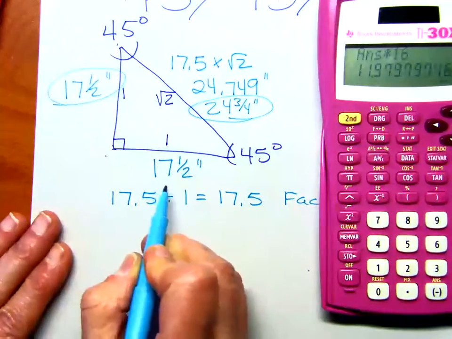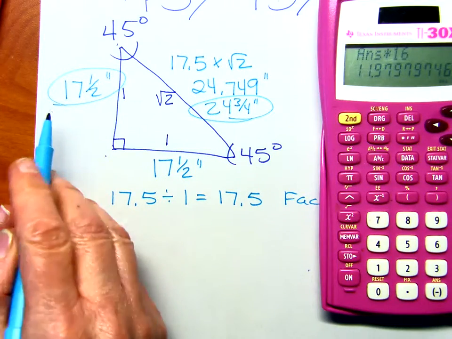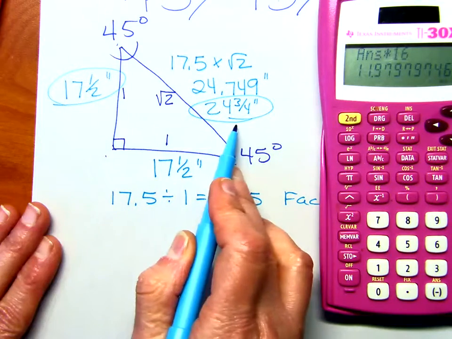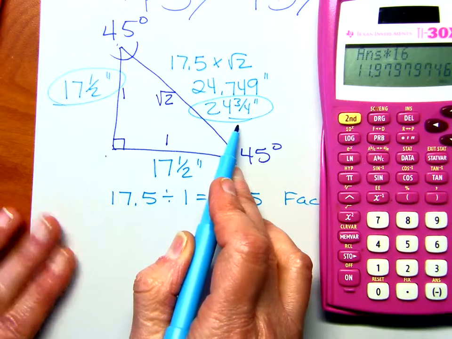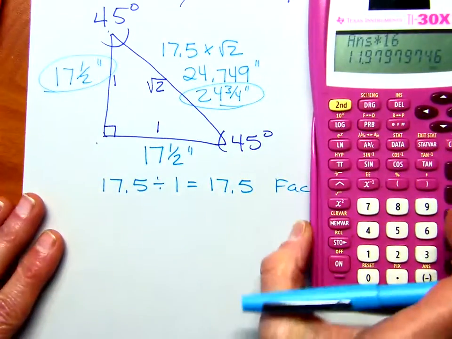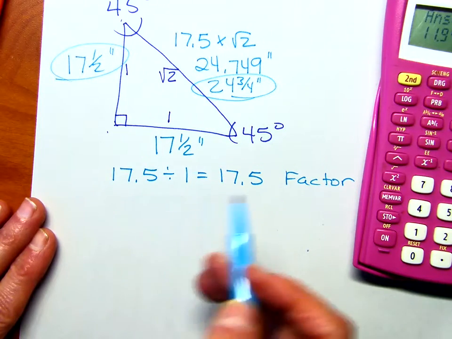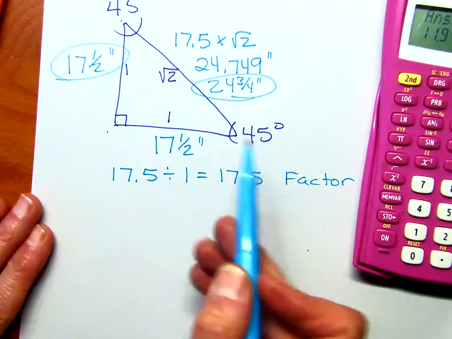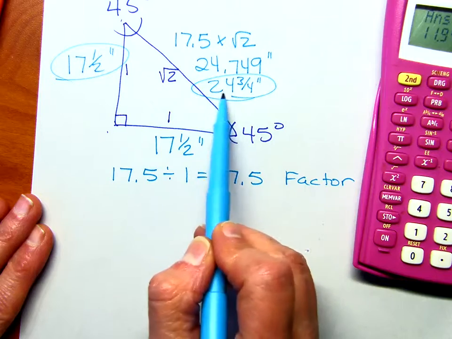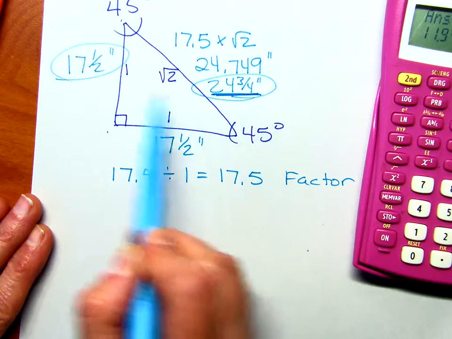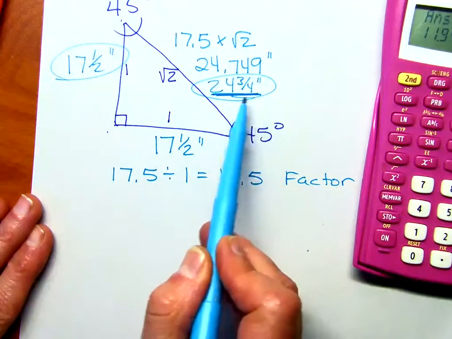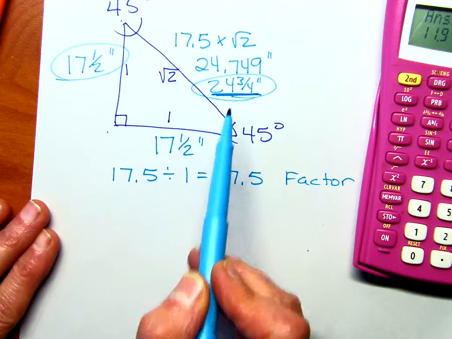So we start with 17.5, and the other two sides are going to be 17.5 and 24 and 3/4. Now, before you move on to the next one, you want to make sure that the information that you calculated is reasonable. And what this basically means is that the hypotenuse is in fact the longest side, and you can see that that is the case.